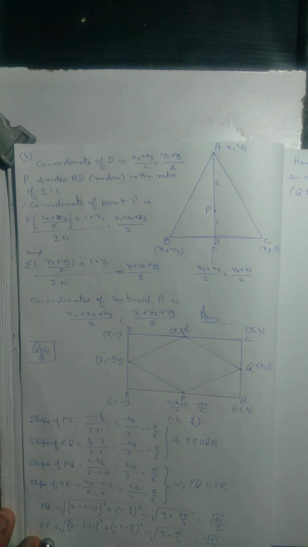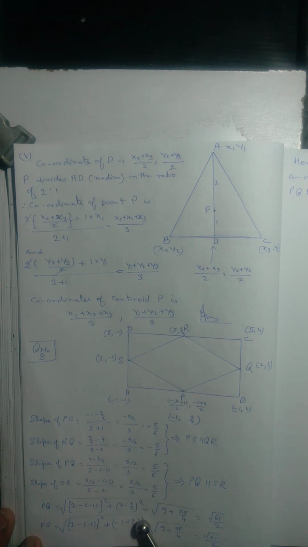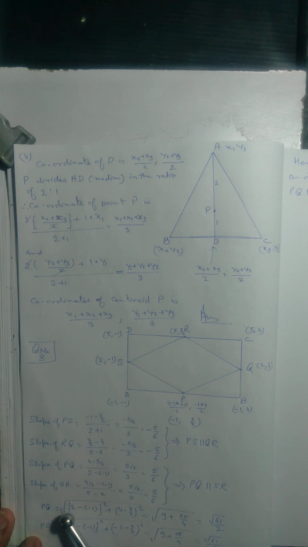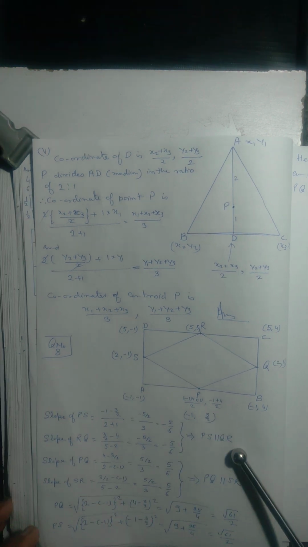Now PS, again you see the root of (2 minus minus 1) whole square plus (-1 minus 3 by 2) whole square. Solve it, you will get root of 9 plus 25 by 4, again root 61 upon 2.